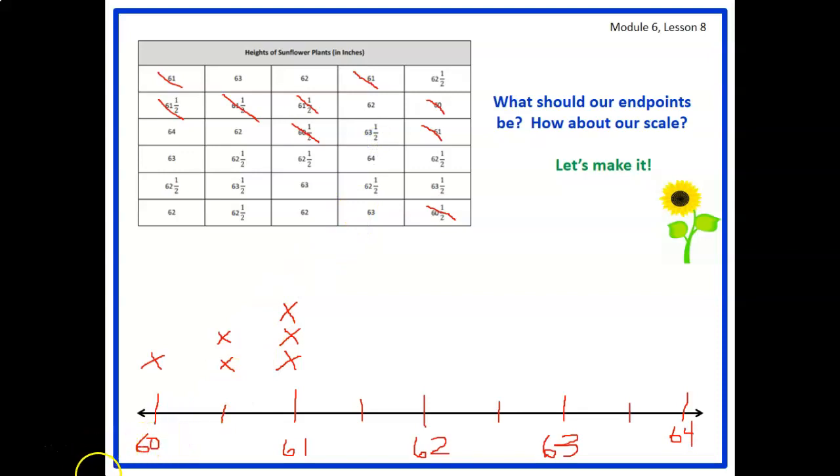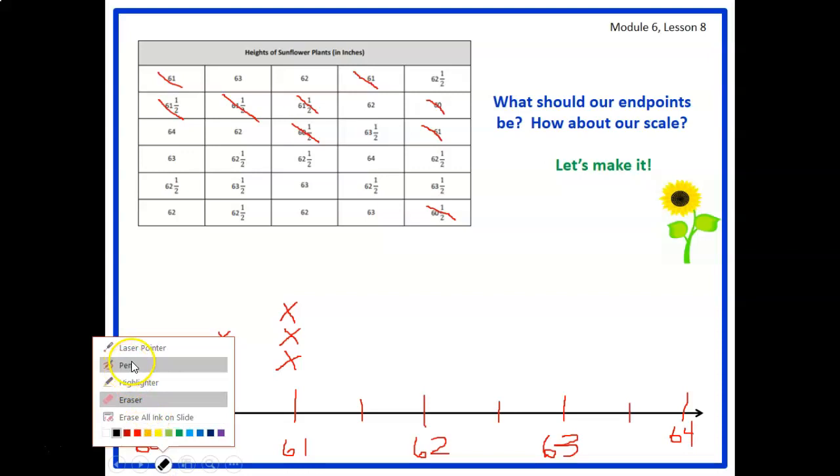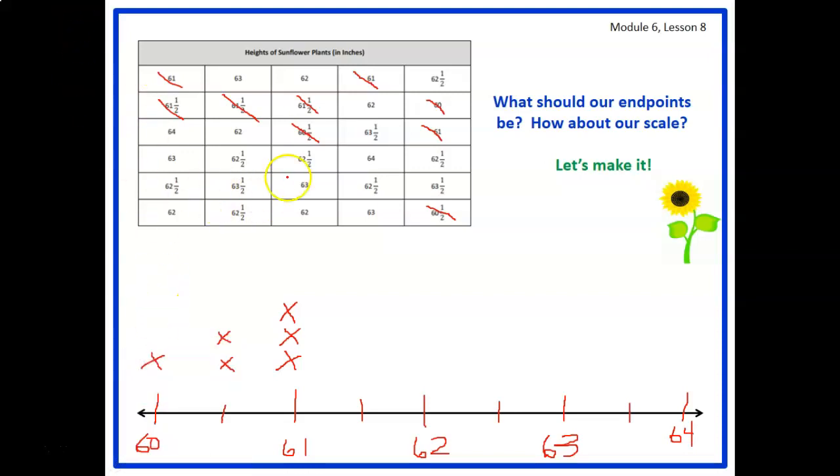I want 61.5. All right, so kind of messed myself up, didn't I? But that's okay. 61 and a half. There's three 61 and a halves so far. Looks like 3 61 and a halves.